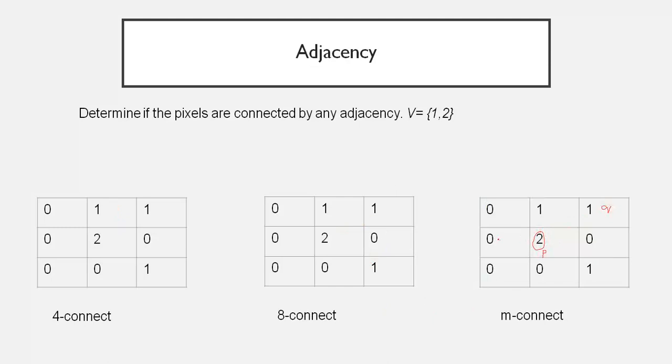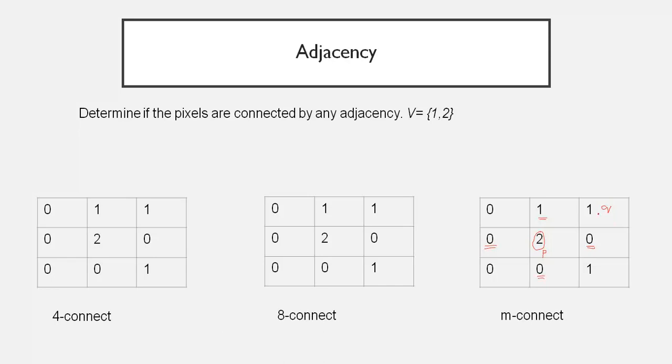So now for M connect, we have to see whether P and Q belong to V. Yes, both of them belong to V and they are diagonal neighbors. If they are diagonal neighbors, we have to see the pixels at the intersection of their neighbors. So which are the neighbors of pixel P? The neighbors of pixel P are this 1 here and this 0 here, this 0 here and this 0 here.